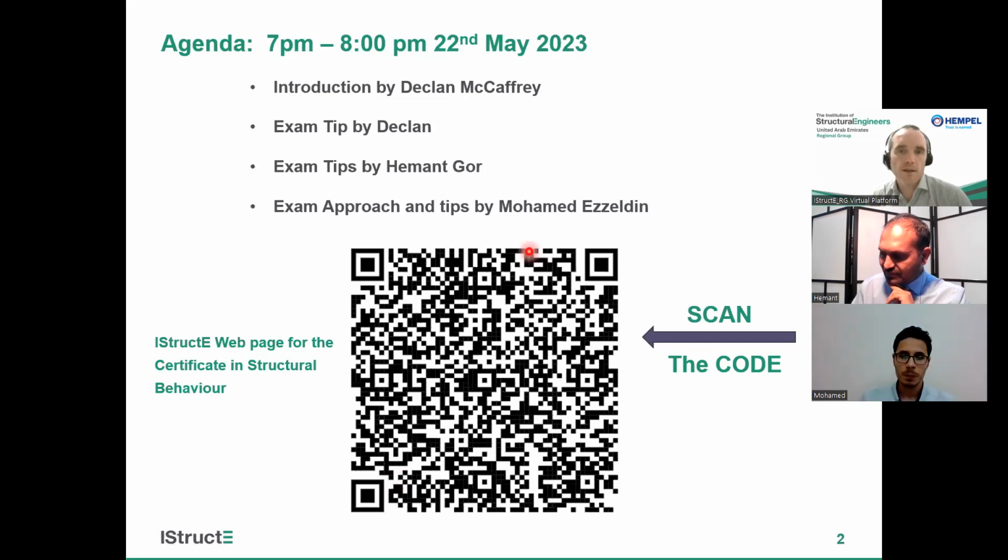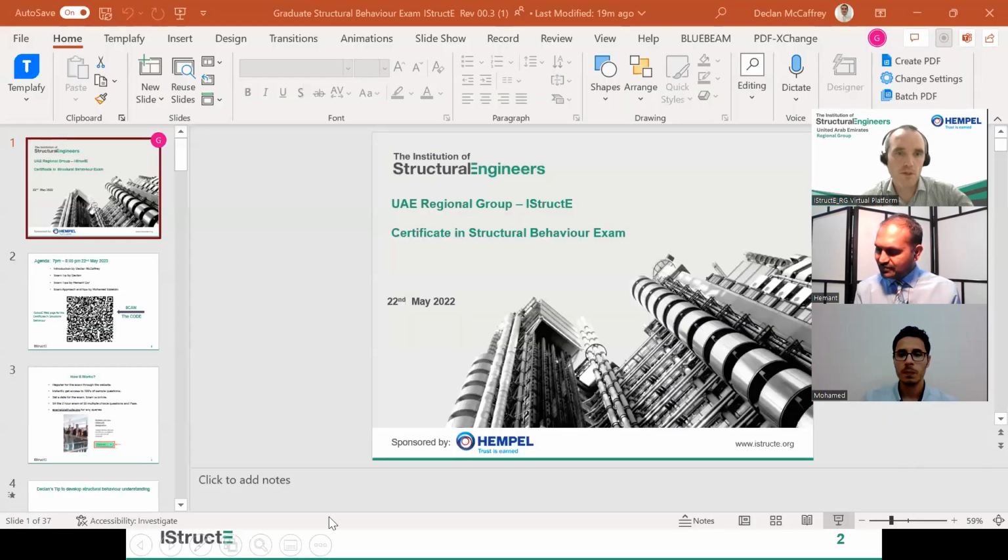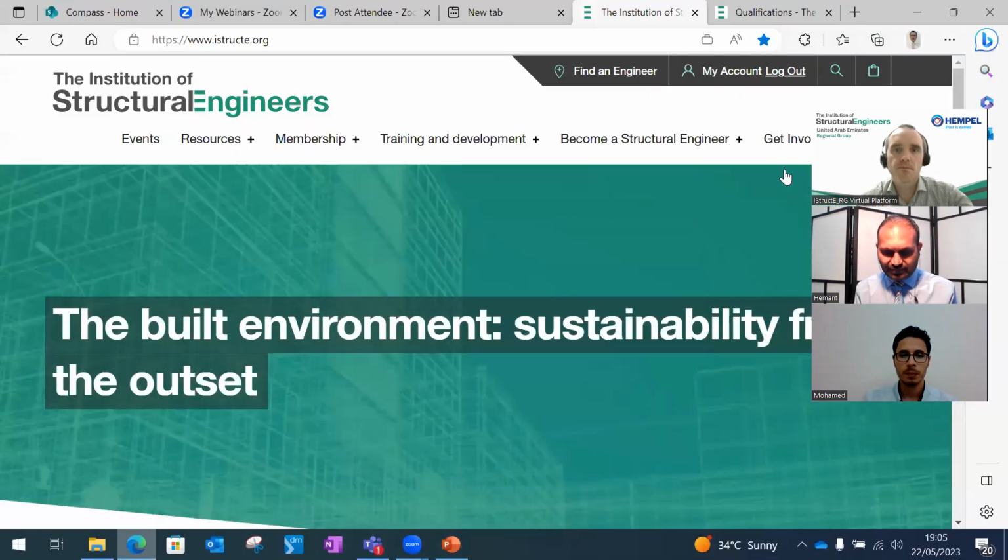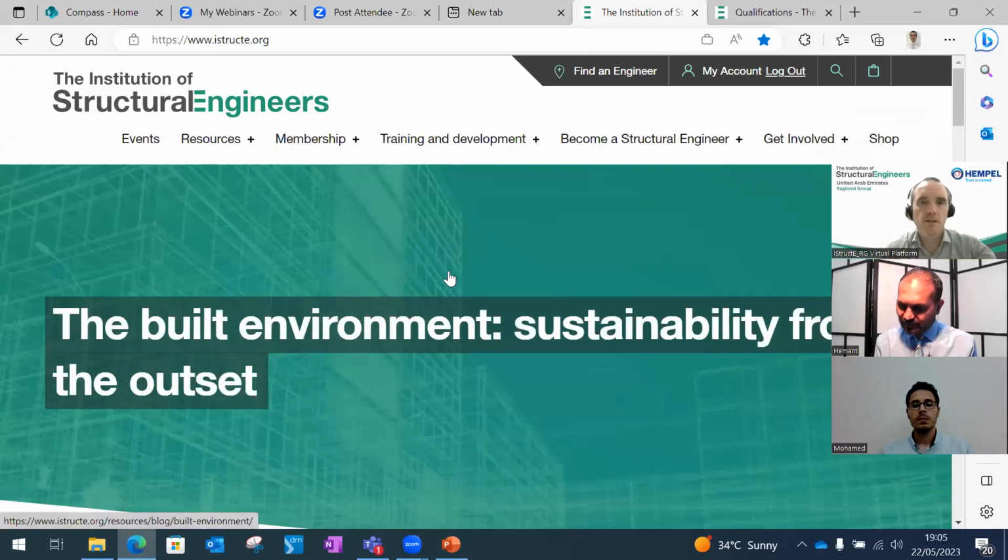Anyone online, you can scan this QR code and it'll bring you to the IStructE page that's got all you need to know about registering for the exam. So I'm just going to quickly go to that web page. This is the IStructE homepage.